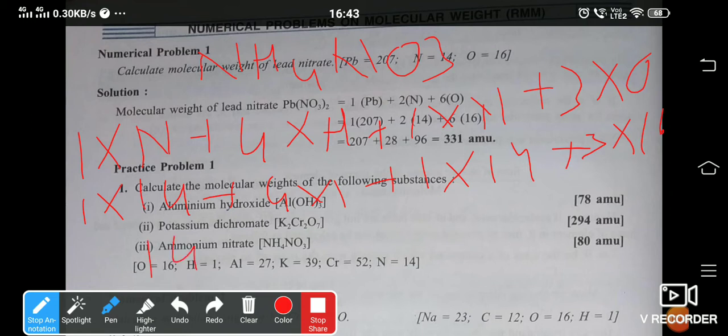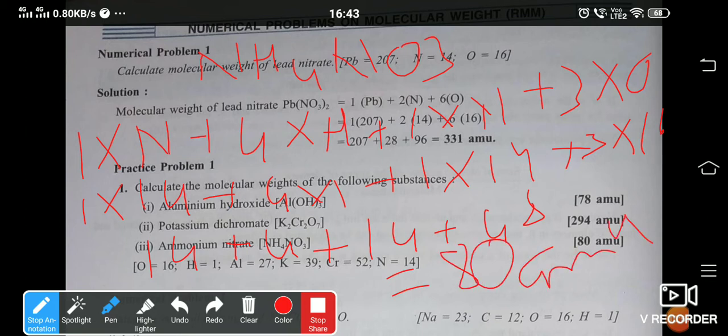Now 14 into 1 is 14, 4 into 1 is 4, plus 14 plus 48. If we add 14 plus 4 is 18, and 18 plus 14 is 32, and 32 plus 48 is 80 atomic mass unit. Now I believe everyone is able to solve this question.